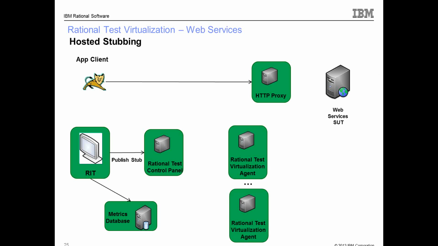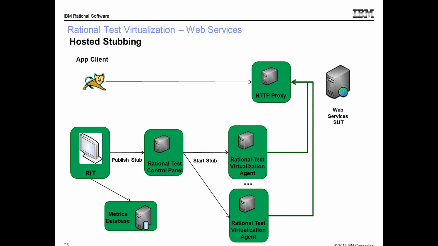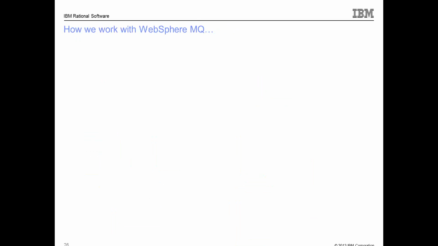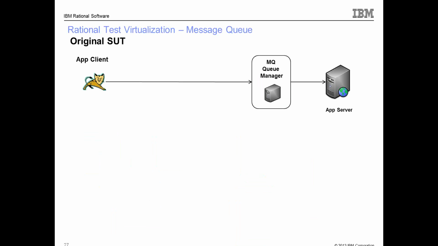Now once the control panel knows that there is a stub available, it also knows what are the virtualization agents that are running on different systems that are capable of hosting this stub. So once it knows which stubs can be hosted on which agents, it starts the stub on those agents, and then those agents start responding to the requests that are coming in from the client. So this is how hosted stubbing works in the case of web services.